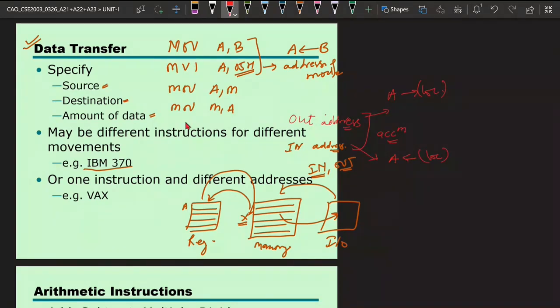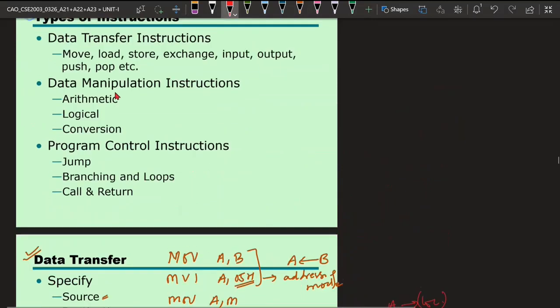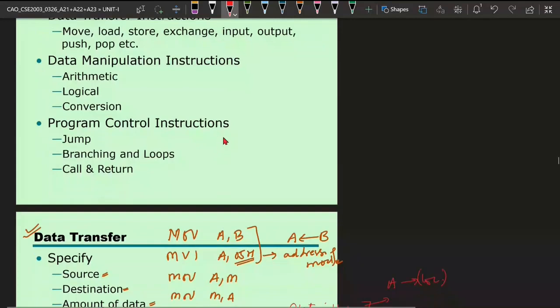Okay, so this was the move instruction. Another one is load. These are the different types of instructions that we will use while moving the content from one location to another location. This load is represented by LD, or in some architectures of the CPU or processor, it may directly use load.